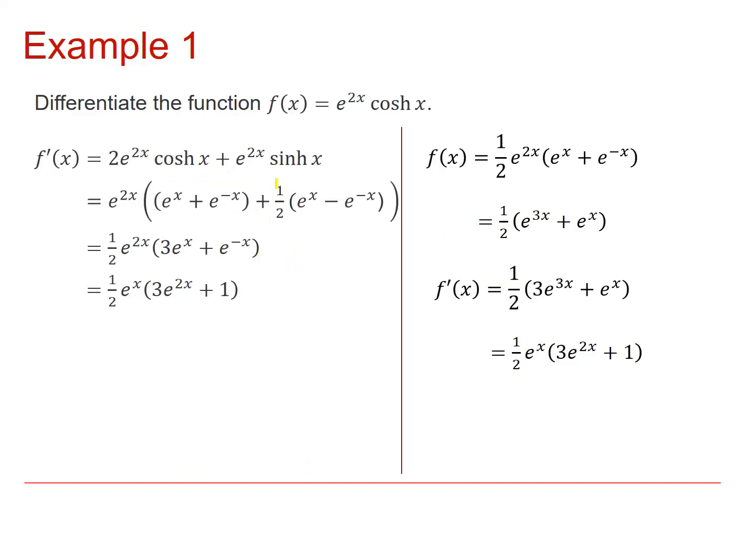There's that working tidied up for you. The left-hand side shows you using the product rule and working down to here. On the right-hand side, we've manipulated the original function, substituting in the e to the x form, and then differentiated that e to the x form through here in the normal way to give us the same final result.